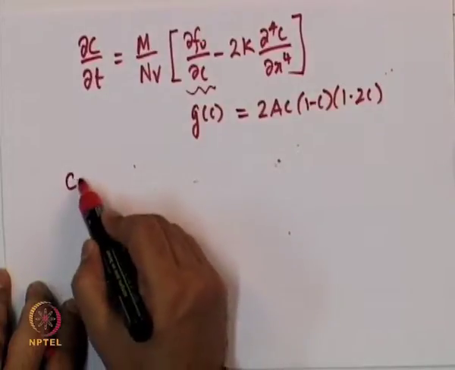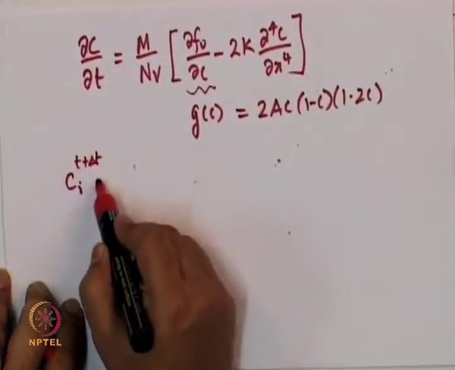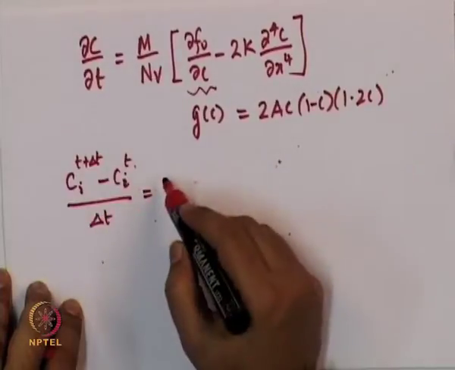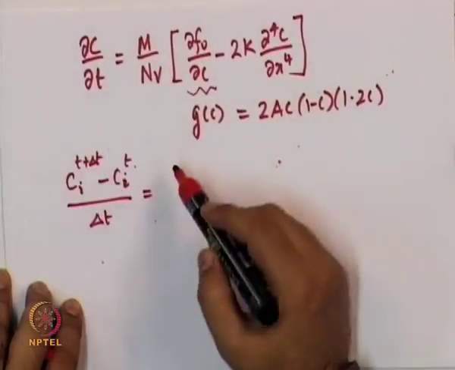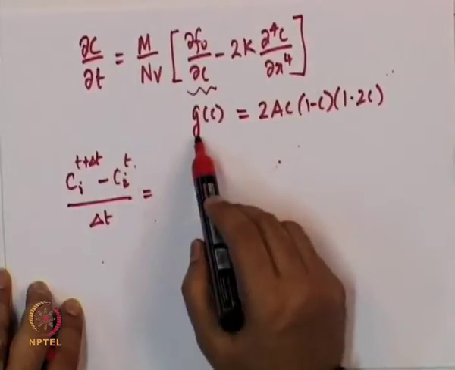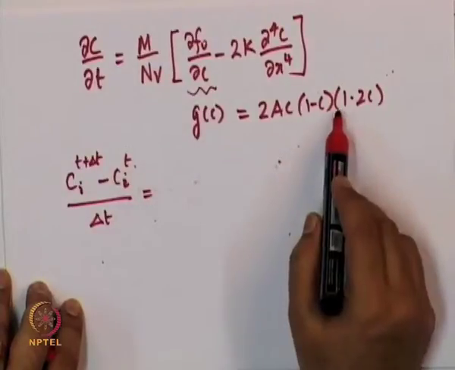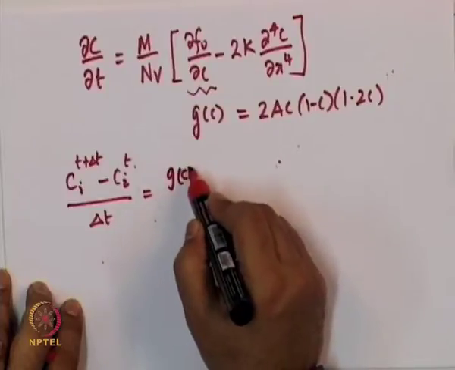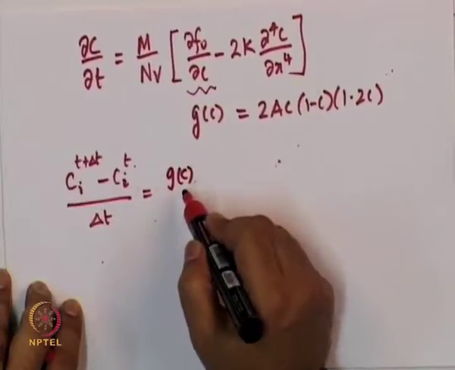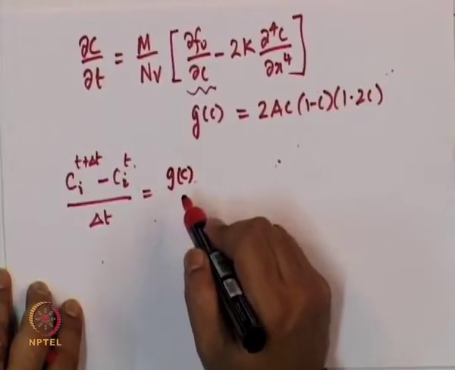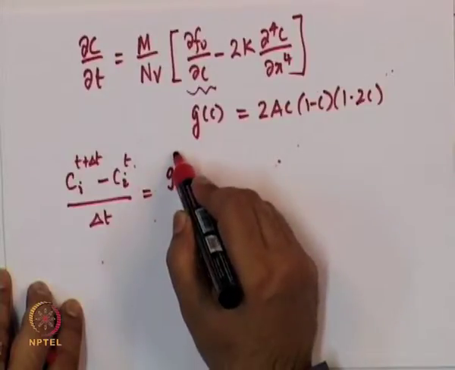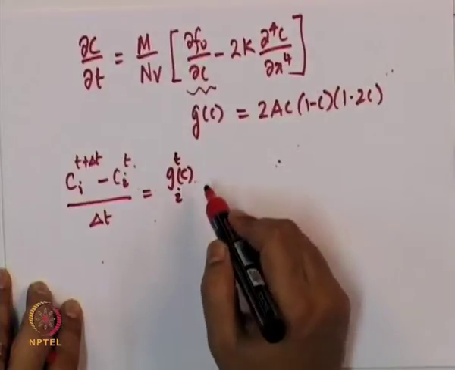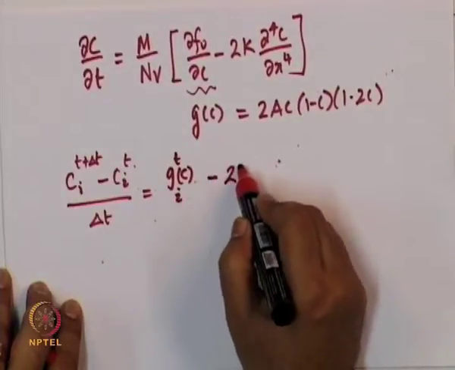So, it is C(i, t plus delta t) minus C(i, t) divided by delta t equal to, so this is some non-dimensional one that I am going to assume. So, this g of C I have to take at time t for every position i, necessarily, minus 2 kappa.